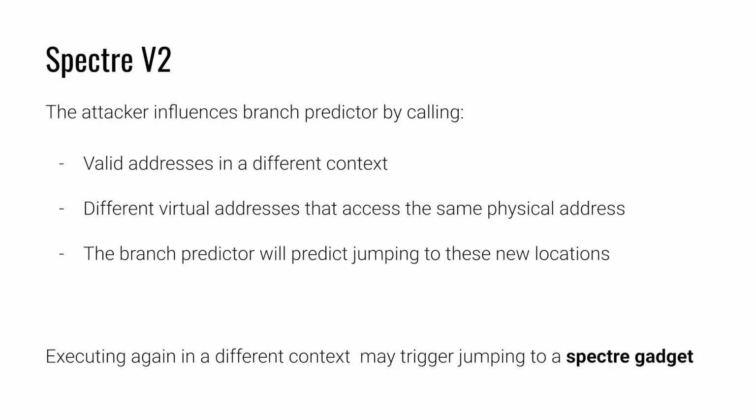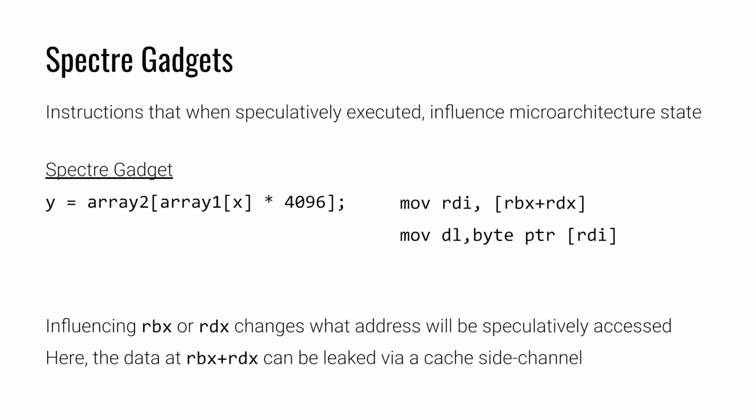Ultimately, it is the attacker's goal to execute something that's referred to as a Spectre Gadget. Now, we've seen Spectre Gadgets throughout this module. Spectre Gadgets are any set of instructions that, when speculatively executed, influence the microarchitectural state in a manner that communicates information via a side channel. So we saw a Spectre Gadget in the example in this lecture, in C, as shown on the left.